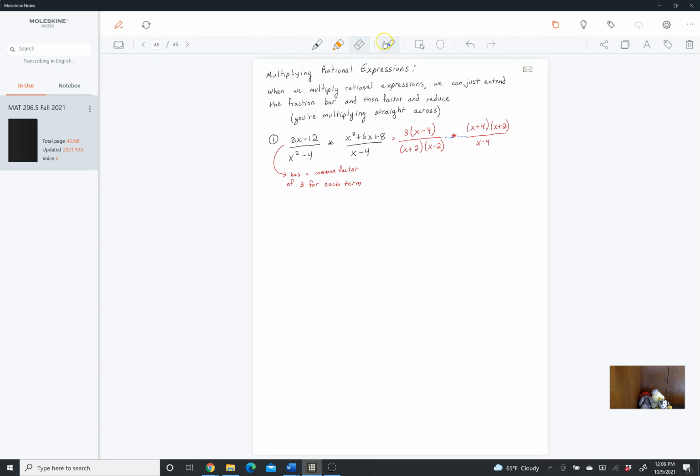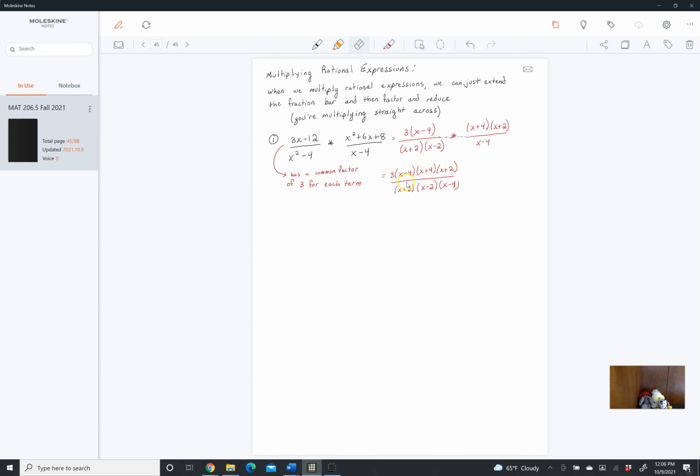So I'm writing this as an extra step, but you do not have to. You can skip this. What does that mean? That means that this is equal to 3 times x minus 4 times x plus 4 times x plus 2 over x plus 2 times x minus 2 times x minus 4.